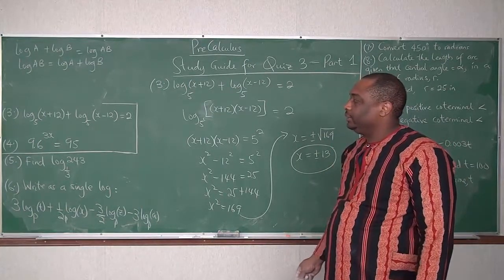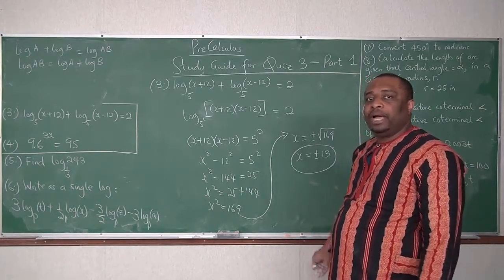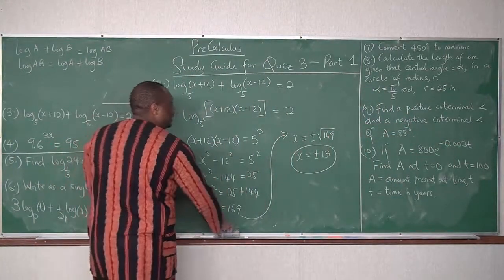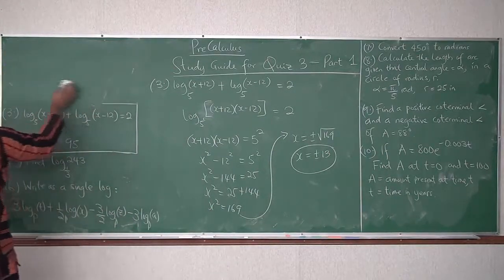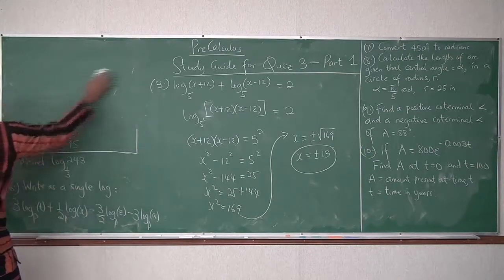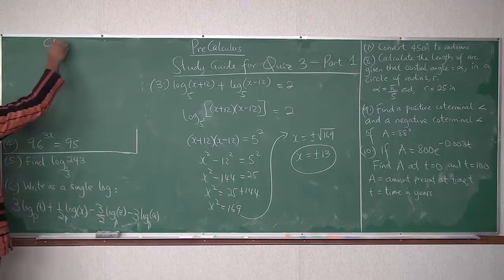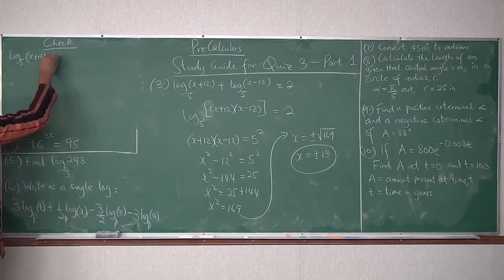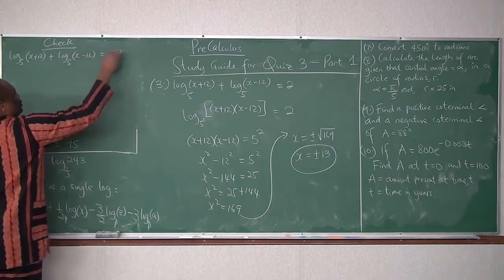Let's check it, to see whether the two roots are the actual roots or whether we have any extraneous roots. How do we check it? We write the equation: log base 5 of x plus 12 plus log base 5 of x minus 12 equal to 2.